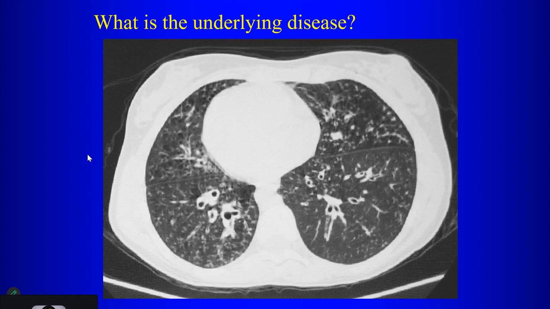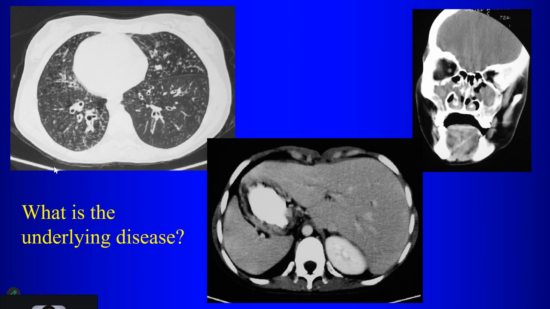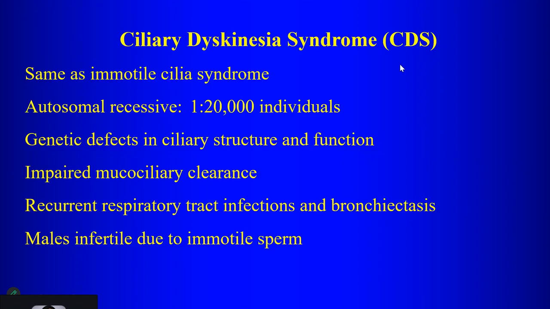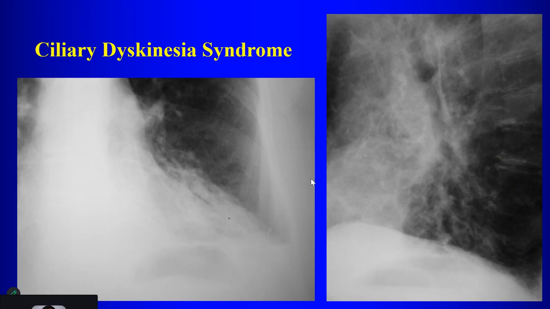Okay. So bronchiectasis, situs inversus, sinusitis, this is the triad for Kartagener syndrome. Right? So it comes under the heading of ciliary dyskinesia, immotile cilia syndrome, impaired mucociliary clearance, recurrent infections. That's what we see.